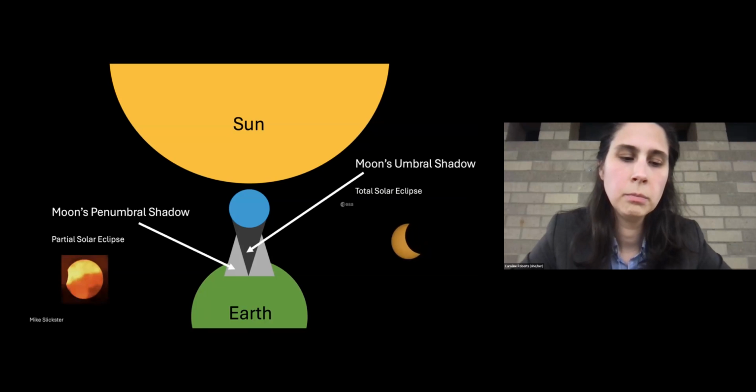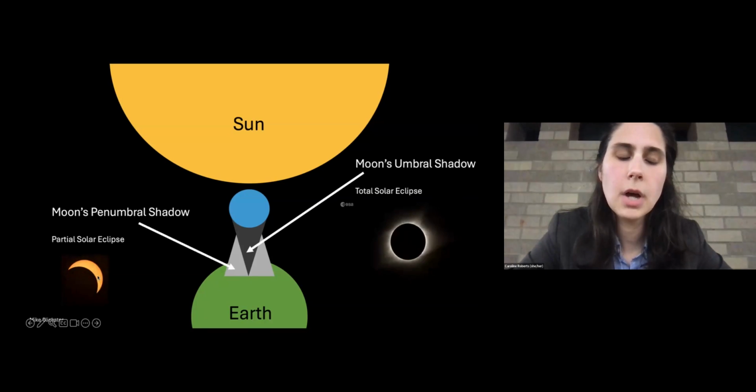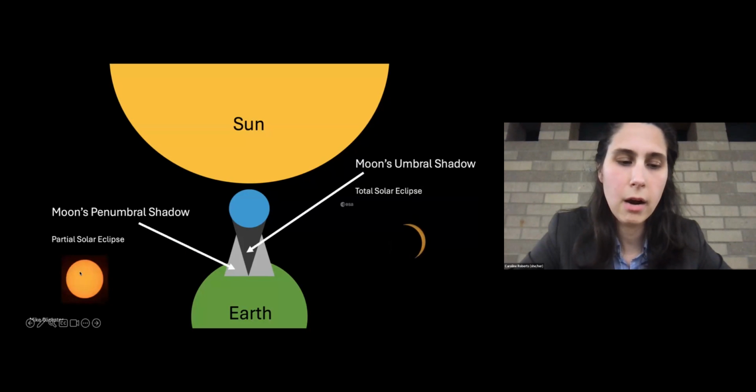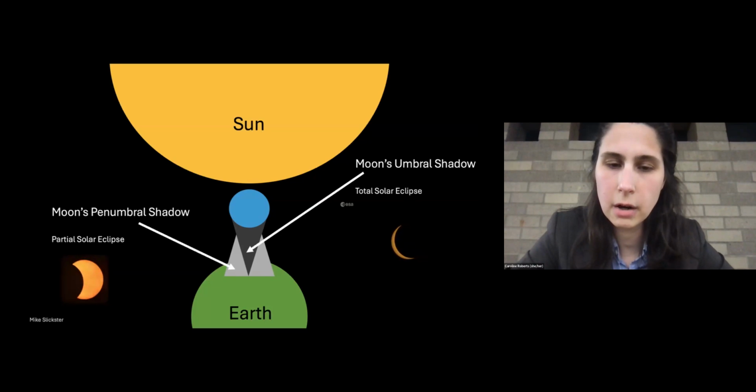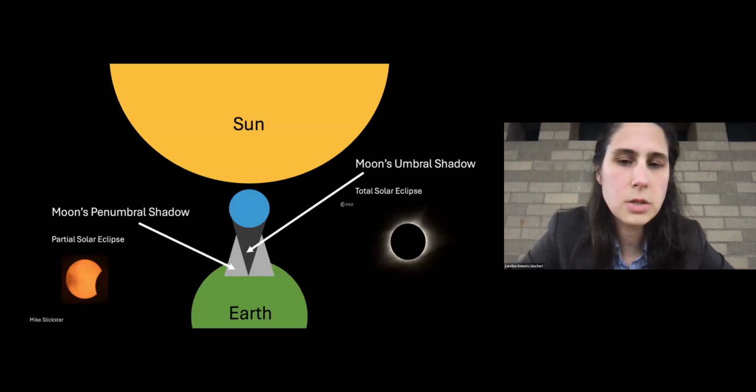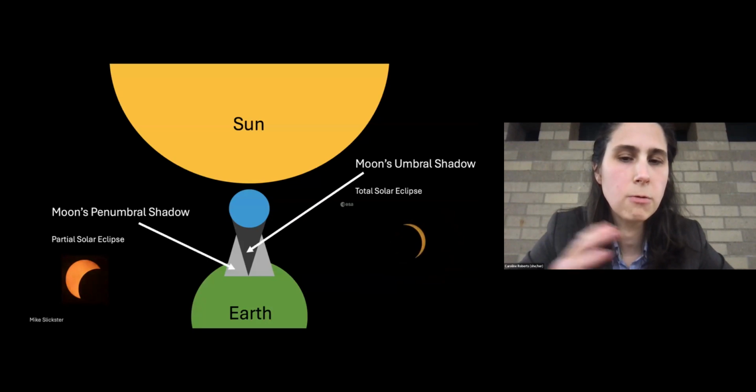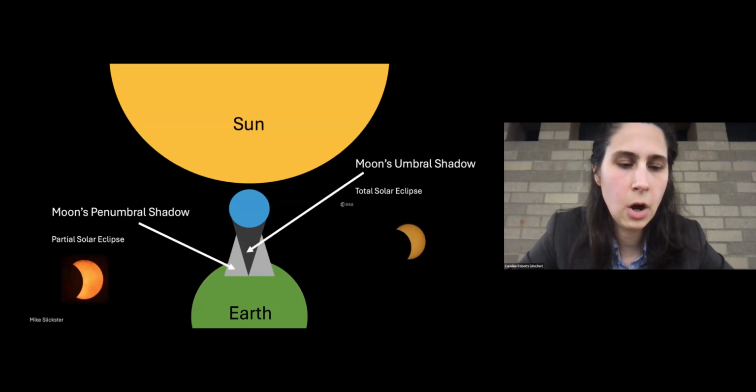One thing that we'll say a little bit more about in a moment is eclipses are not rare. Things in space are always blocking other things in space. But what's quite cool is that our sun is about 400 times bigger than our moon, but it's also about 400 times further away than our moon.